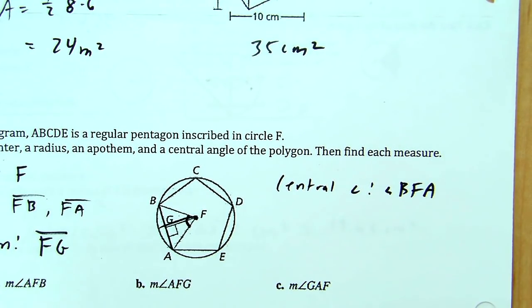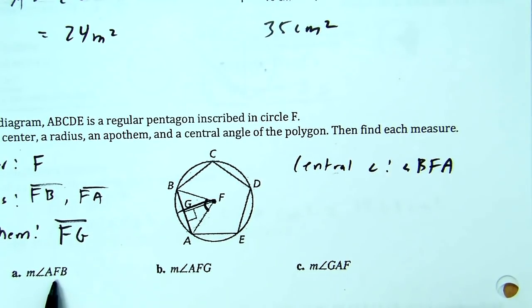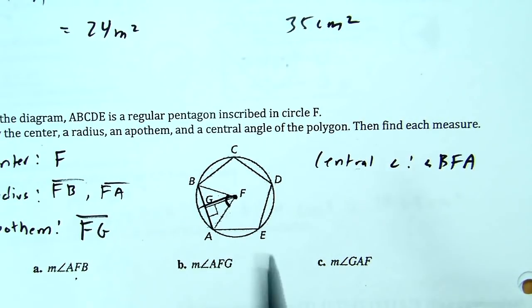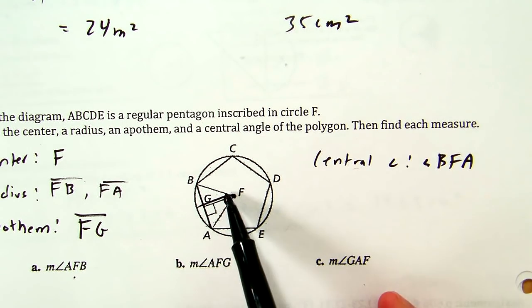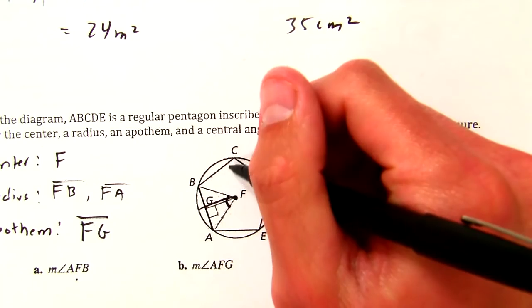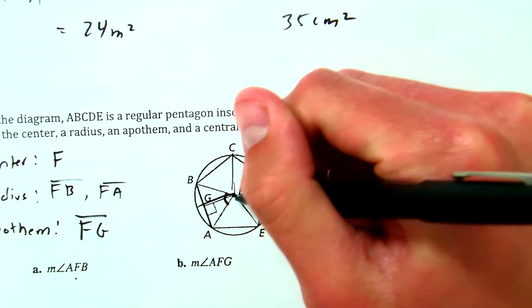Find each measure. So to find the central angle, BFA, or as it's written down here, AFB, to find the measure of the central angle, basically what you're thinking about here is because it's inscribed in a circle, you can think of it as part of a circle. So how many of these angles could I draw in the circle? There's 1, 2, 3, 4, and 5, right?